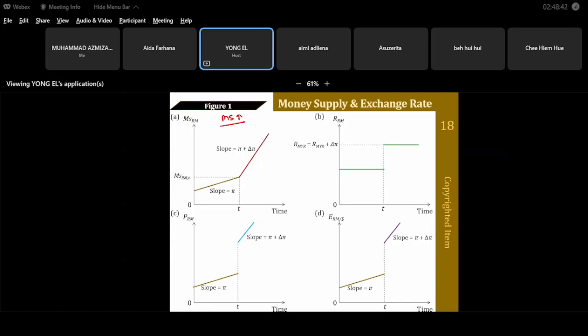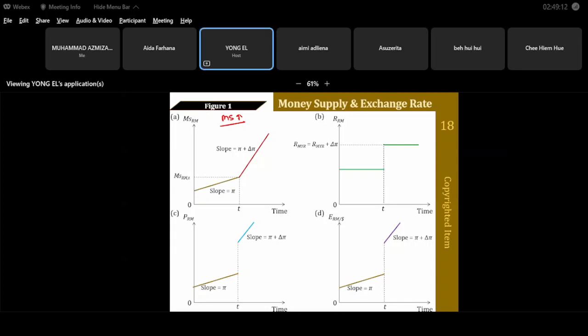The monetary aspect will be to promote more money supply. Central banks promote an increase in money supply, and hence the loans from commercial banks will all increase, and that will increase the money supply in Malaysia. That is an announcement of new policy next year by the Central Bank of Malaysia.